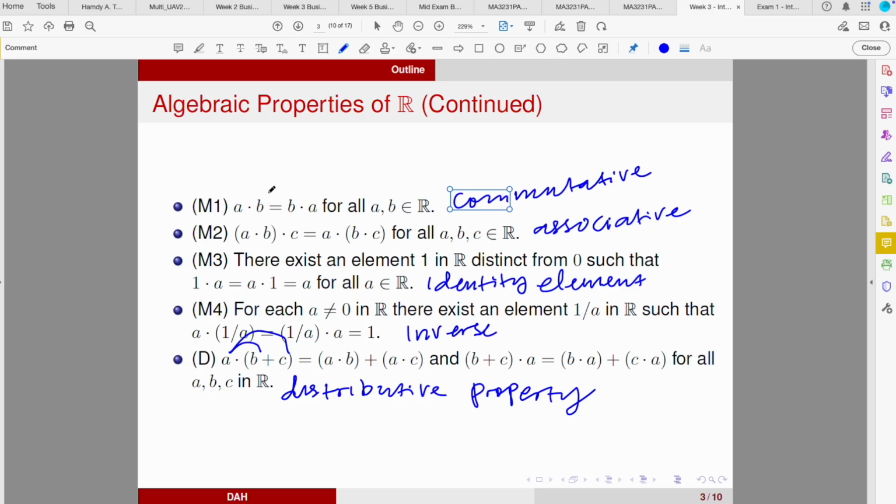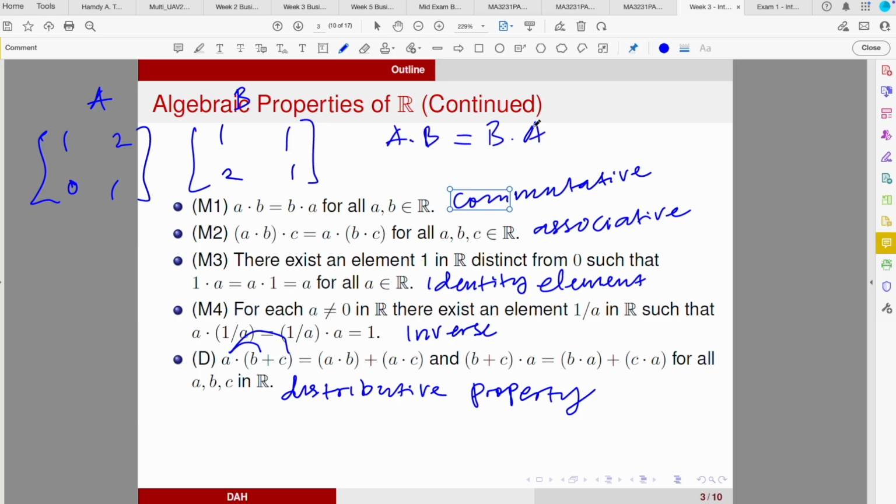It's not new. But be careful, not all sets have the commutative property. For example, the set of matrices. If I have the matrix 1, 2, 0, 1 and the matrix 1, 1, 2, 1, let's say this is A, this is B. Is it true that A times B equals B times A?